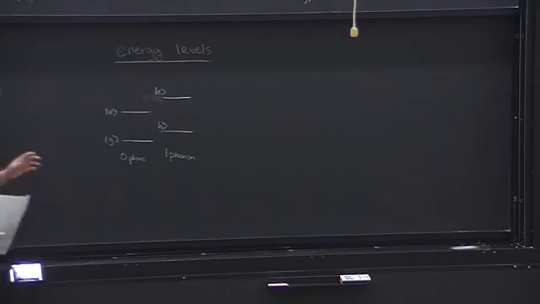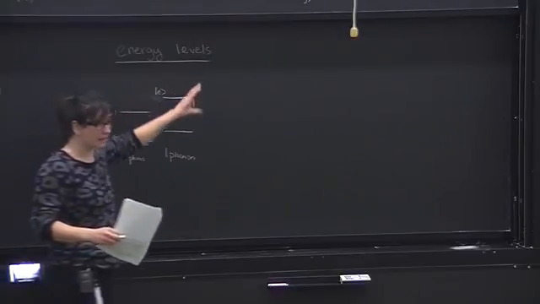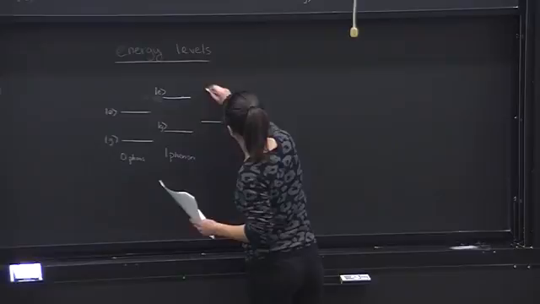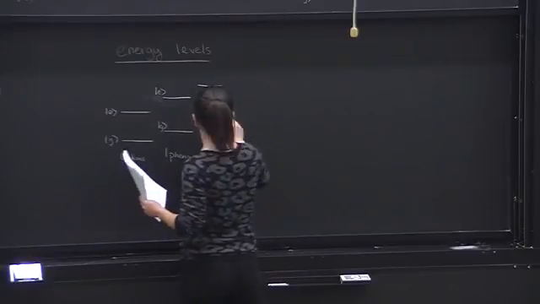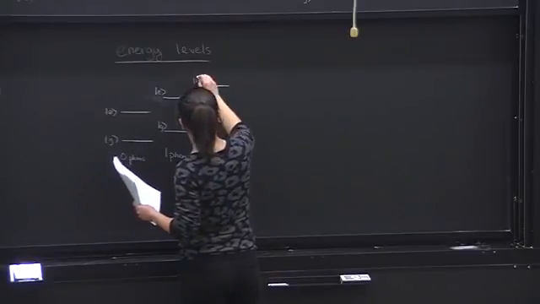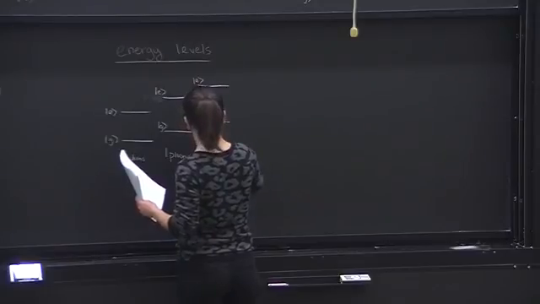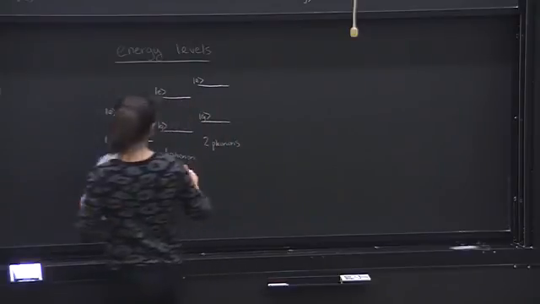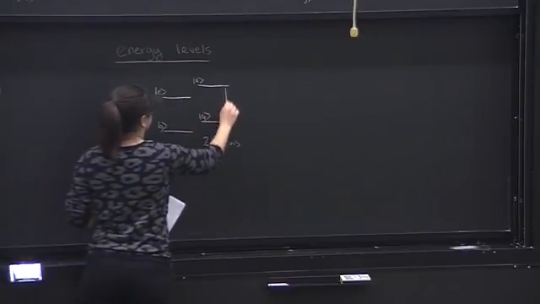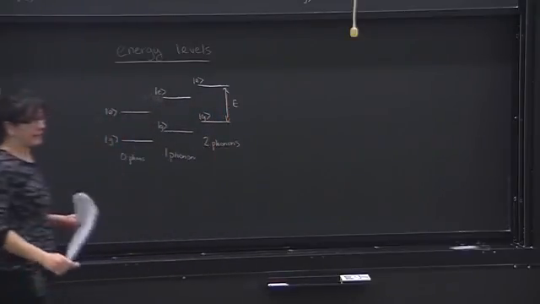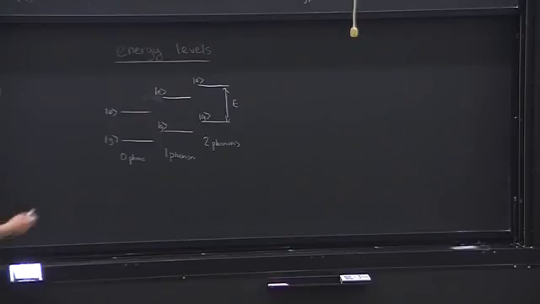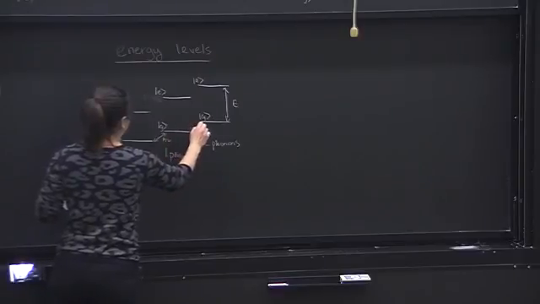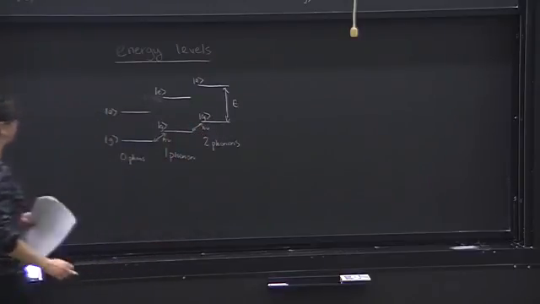And because it's a harmonic oscillator, the next one is just another unit of energy. Each of these is spaced by energy E, and then each of these is energy h bar nu.